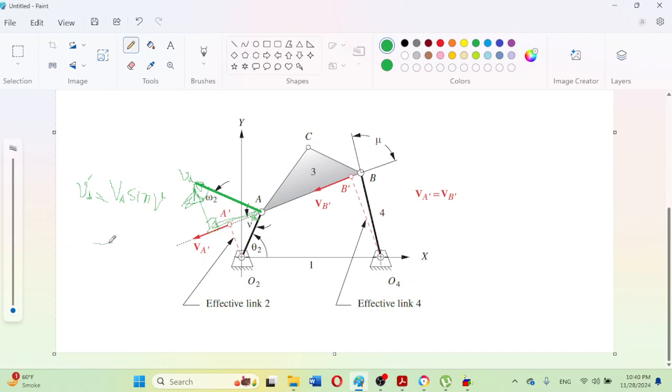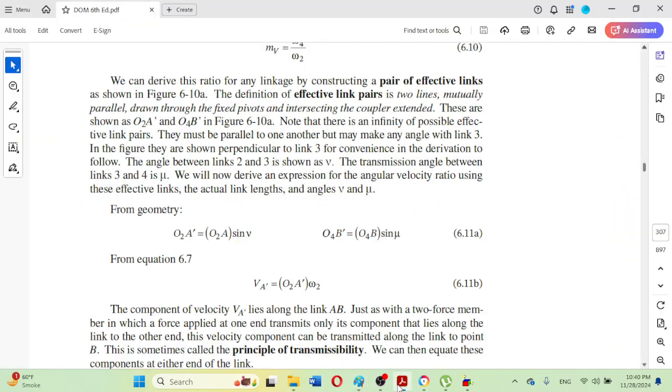Again, if there is any confusion, it can be proved that VA dash is practically equal to this same component.